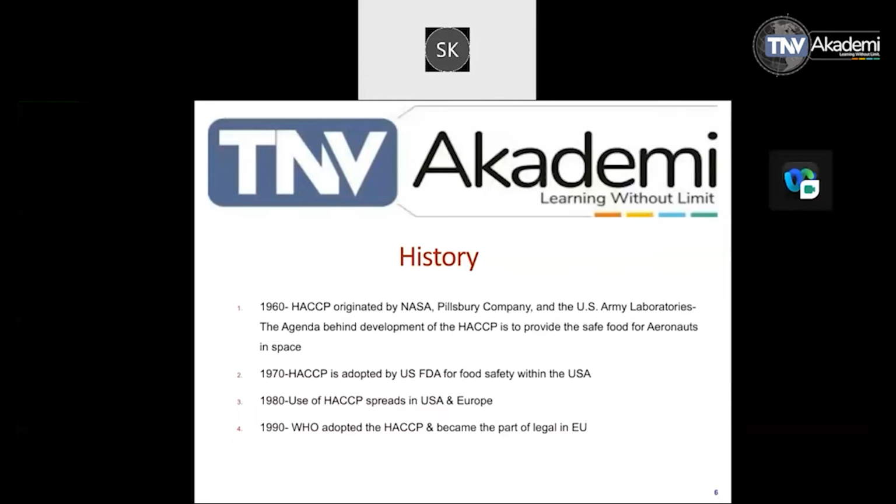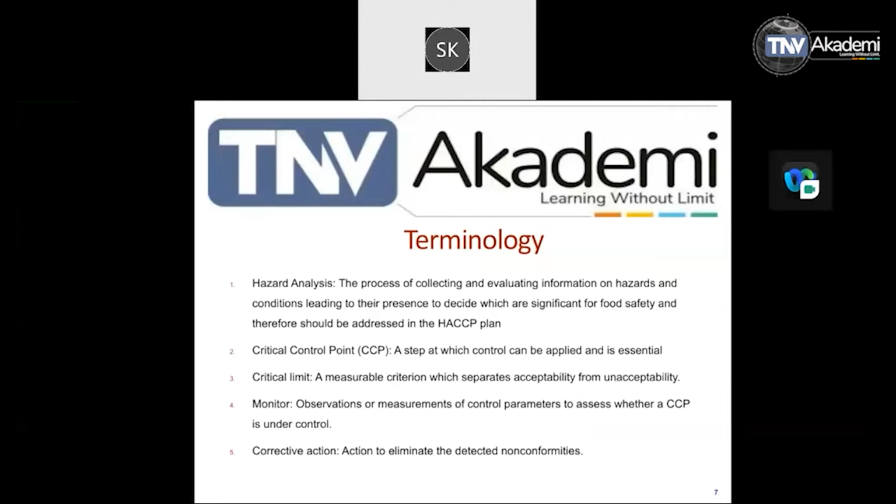The terminology used in HACCP, the HACCP plan and HACCP identification. First is the hazard analysis: the process of collecting and evaluating information on hazards and conditions leading to their presence, to decide which are significant for food safety and should be addressed in the HACCP plan. In the HACCP plan, the different levels of hazard are identified: physical, biological, chemical, allergens.